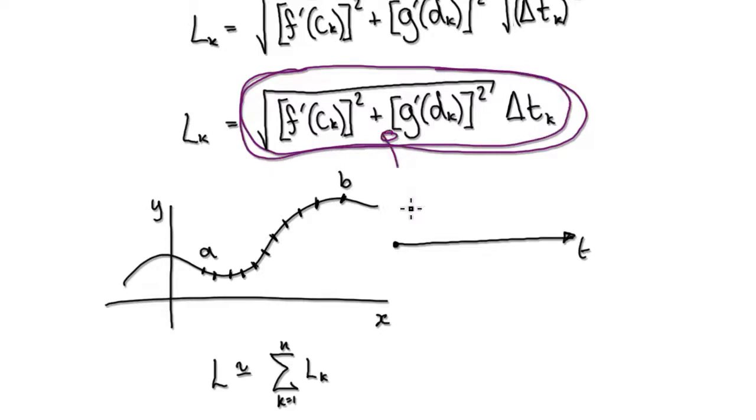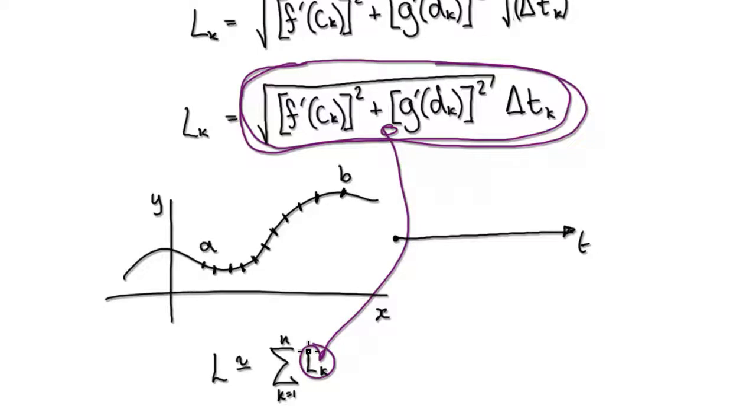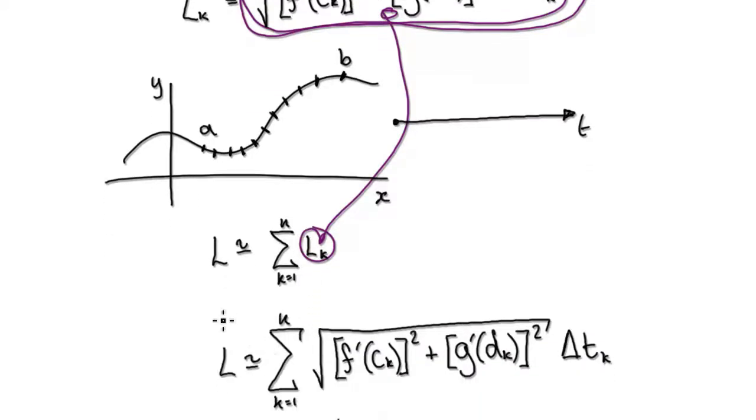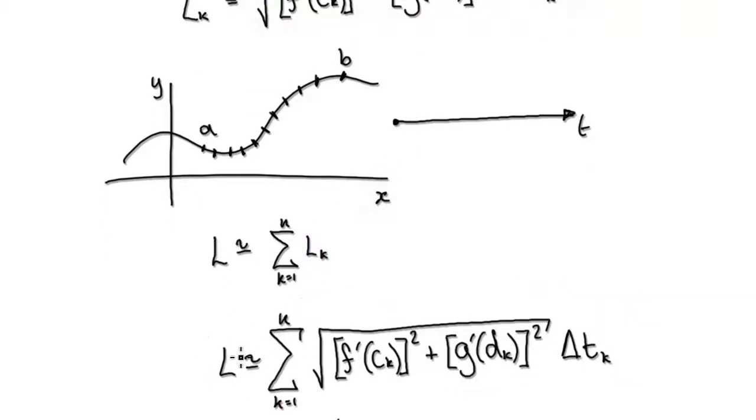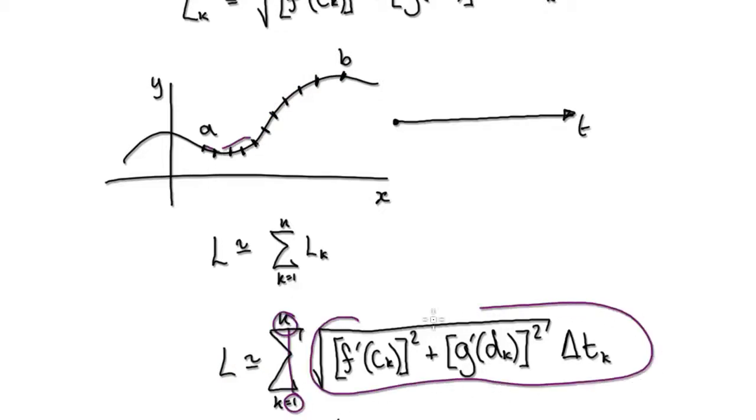So put this into here, and that will take us to here. So remember, the actual arc length here is approximately you summing up all the diagonal lengths.